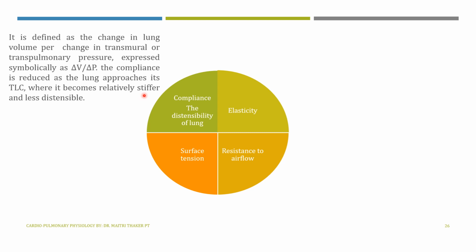That is why patients of pulmonary fibrosis are always in air hunger. They cannot do inspiration fully. When you ask the patient to take a deep breath, they cannot do it because of their stiffer lung. Reduced compliance.